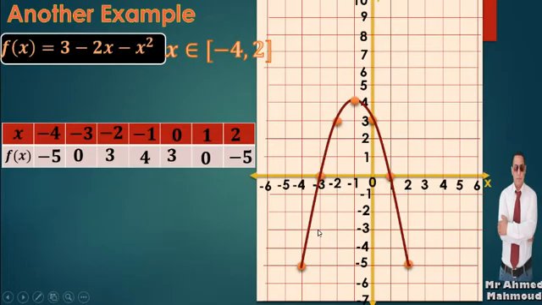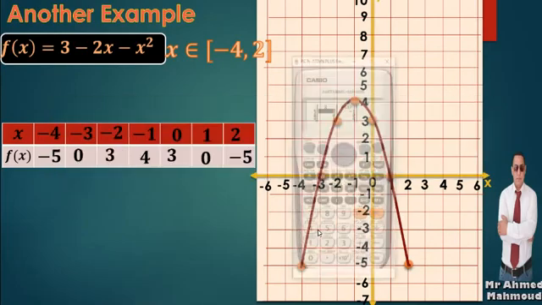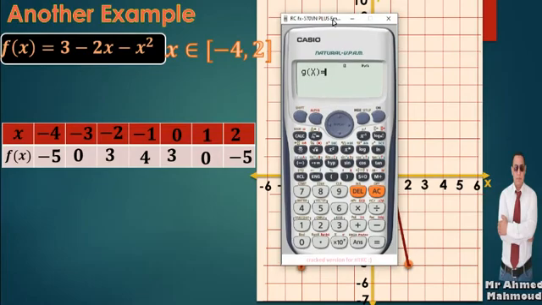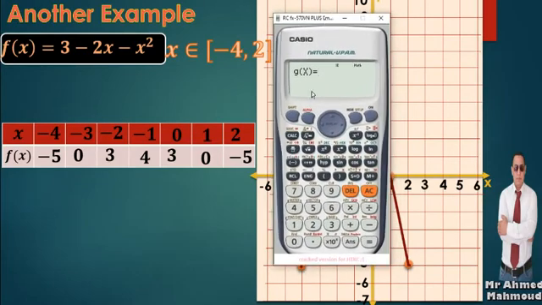Okay, now by using the calculator like this, I will press mode 7, or mode table. Then I will write the function: 3 minus 2x minus x to the power of 2, equals. You don't have g of x, it's in my calculator.